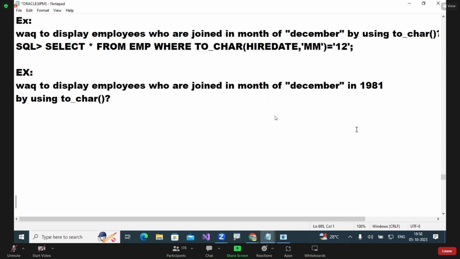Previous example, I asked one thing. What you said? What should be here? Condition, okay. Same line, na. Small mistake.